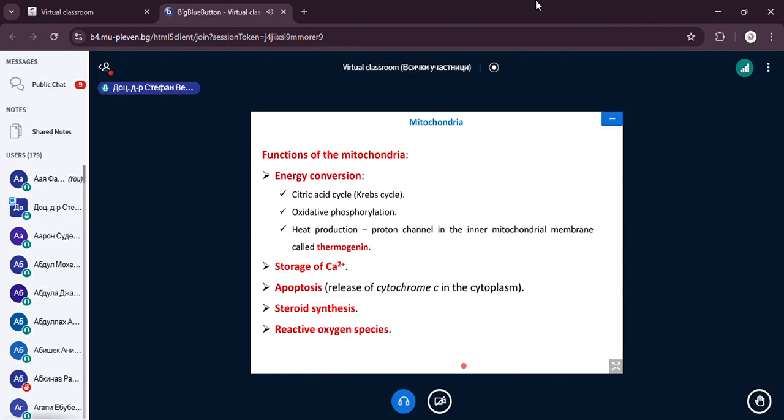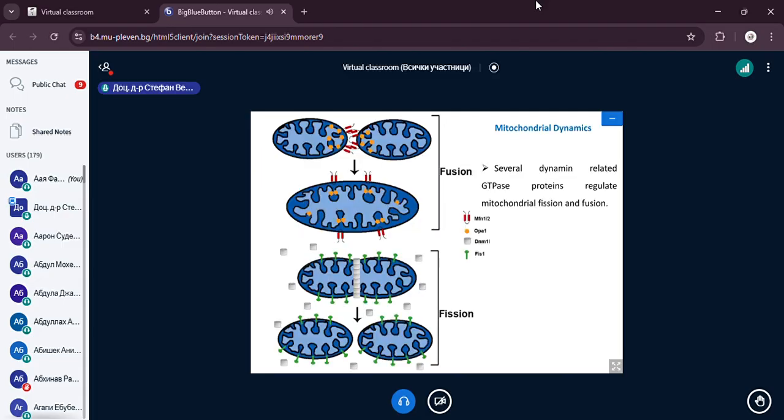Because mitochondria are unique, here I have summarized the main functions of mitochondria. First one, energy conversion: the citric cycle, the beta oxidation of fatty acids, oxidative phosphorylation, and production of heat; storage of calcium ions, apoptosis, steroid synthesis, and production of reactive oxygen species.